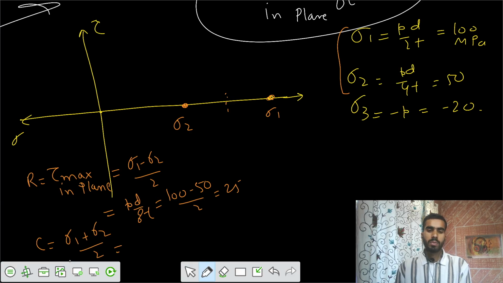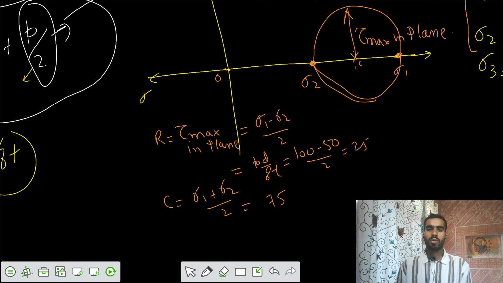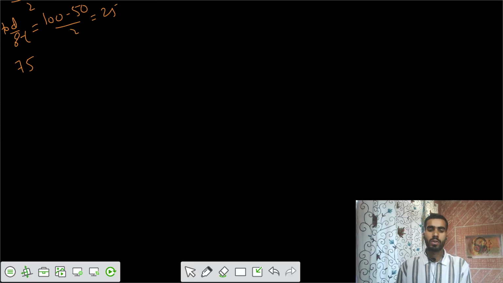That's 100 plus 50 by 2, that is 75 from the origin. So center would be somewhere here, and you draw a circle of radius 25. So there is some tau max here. You can say this is your tau max in plane.